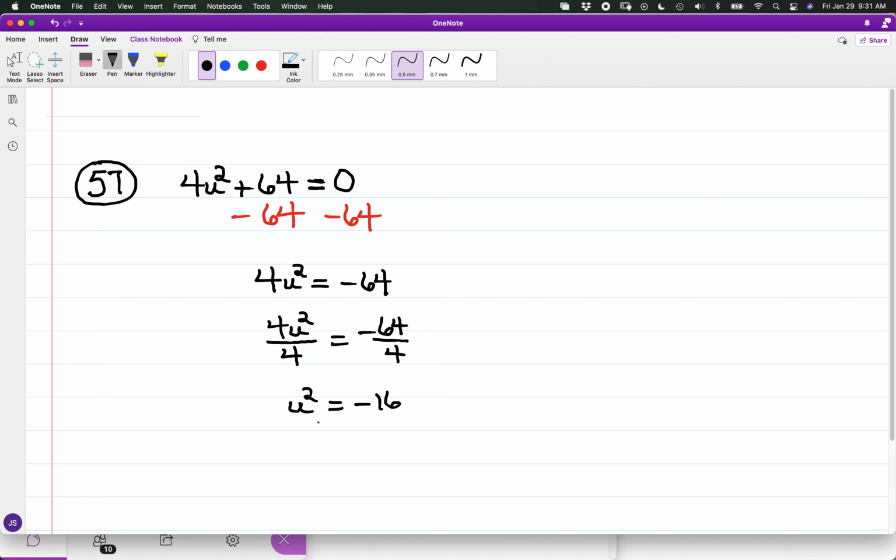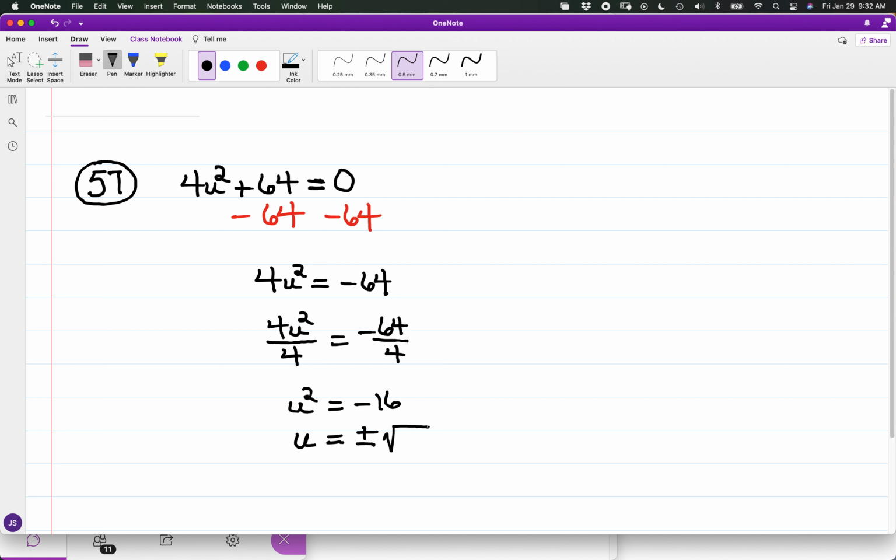With this setup we can utilize the square root property of equality: x squared equal to p, represented by u squared equal to negative 16. Going from u squared to u, the second degree in u signals that there could possibly be two solutions, and in this case they will be complex.